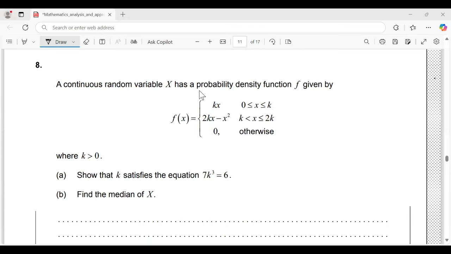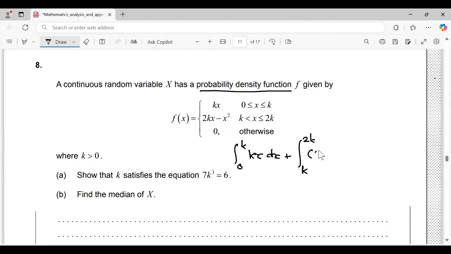For the probability density function, the integral from 0 to k of kx dx plus the integral from k to 2k of 2kx minus x squared dx equals 1.